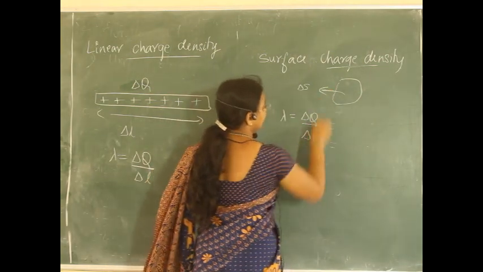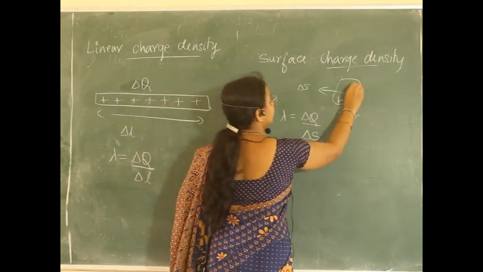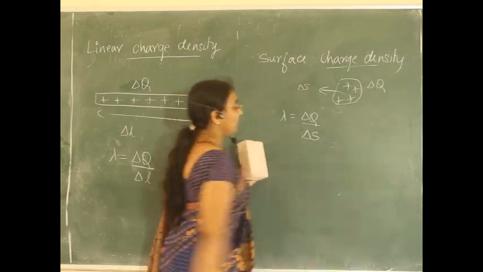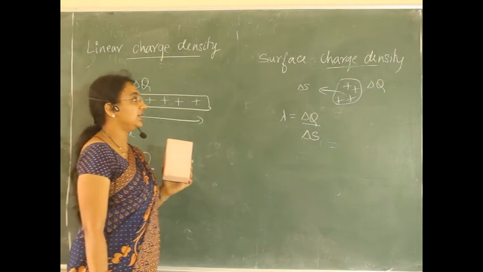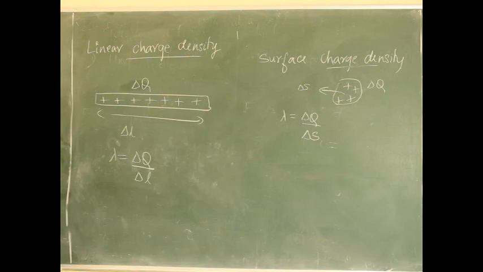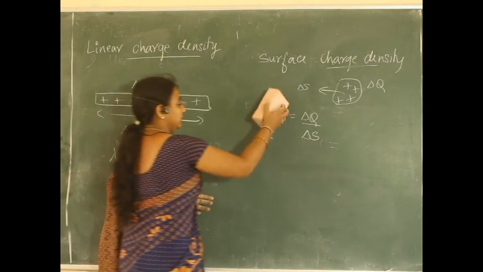If this is the surface area and the charge present inside is plus Q or minus Q, it is one and the same, then surface charge density is delta Q by delta S. Here you have used sigma, I think.